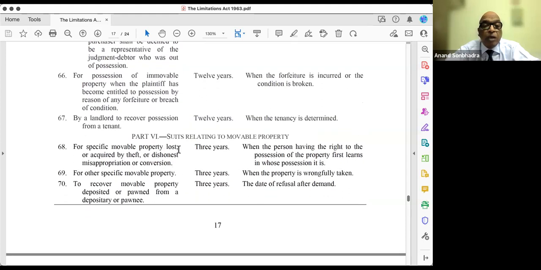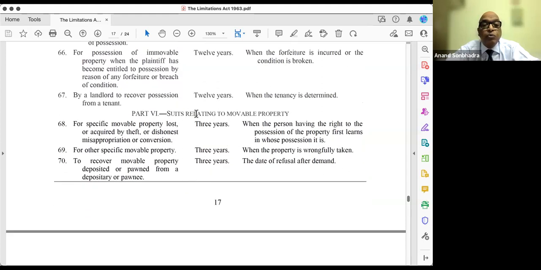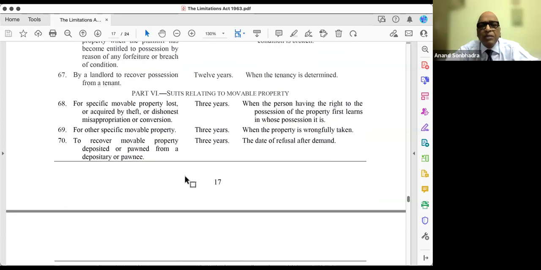Now, if we go to part 6, it deals with suits relating to movable property. And here, all kinds of movable assets and properties have been mentioned. Timelines are also given against specific ones, say Article 68 is for specific movable property lost or acquired by theft or dishonest misappropriation or conversion.